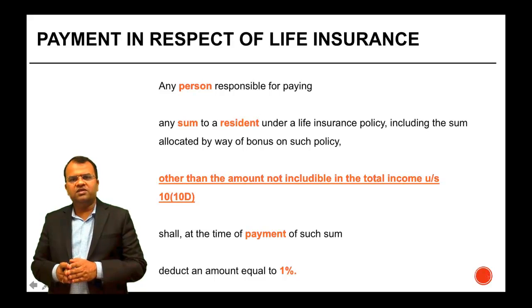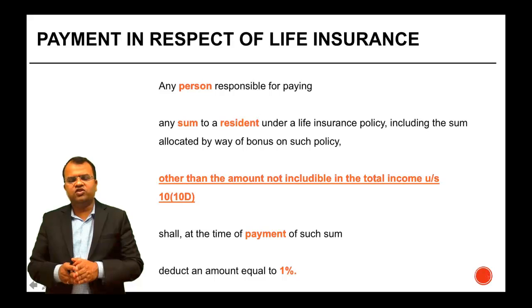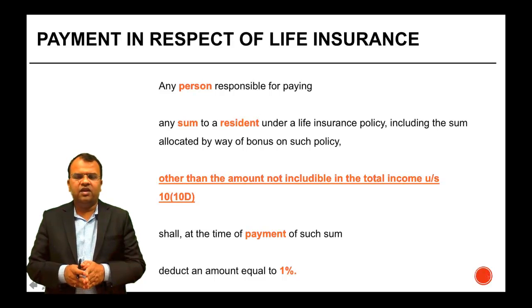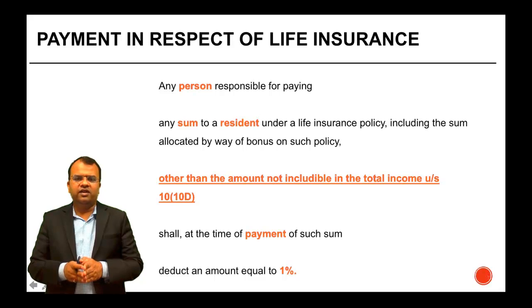So if the payment is in respect of a life insurance policy, but it is covered under section 10, subsection 10D, then it will not be liable for TDS under this section, shall at the time of payment of such sum deduct an amount equal to 1%.